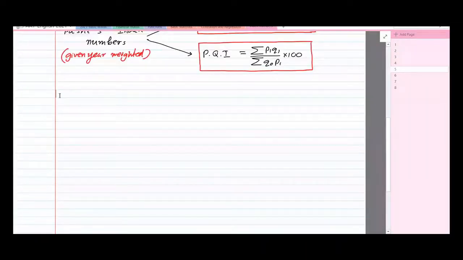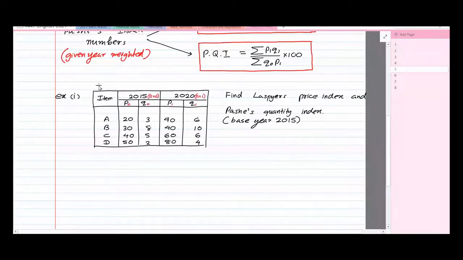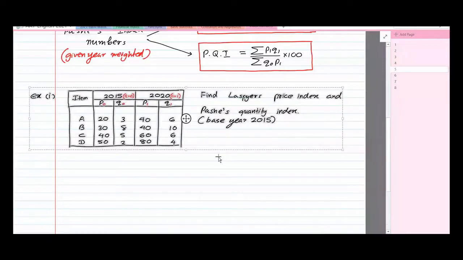You get questions like this, worth 5 marks. The question says to find the Laspeyres price index and the Paasche quantity index. The base year is 2015.